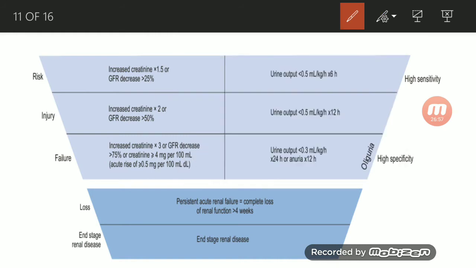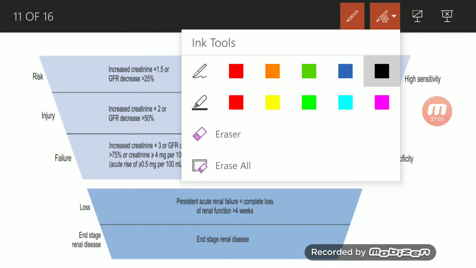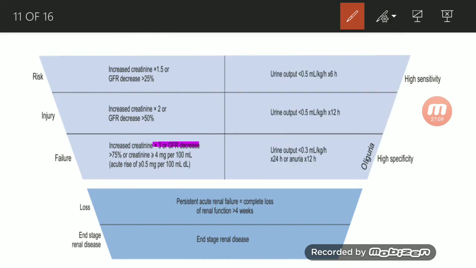Thirdly, failure. When do you say that your kidney is under failure? If your serum creatinine level has increased by 3 folds, or your GFR has decreased by more than 70%, then your kidney is said to be under failure.